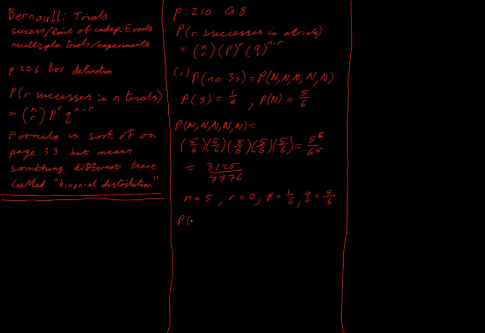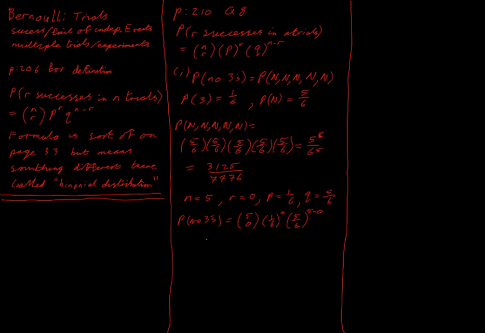So P of no 3s is going to be 5 choose 0, multiplied by 1/6 to the power of 0, multiplied by 5/6 to the power of 5 minus 0.